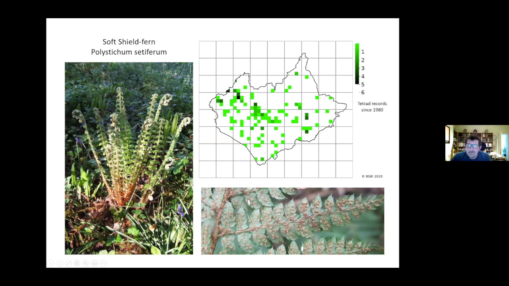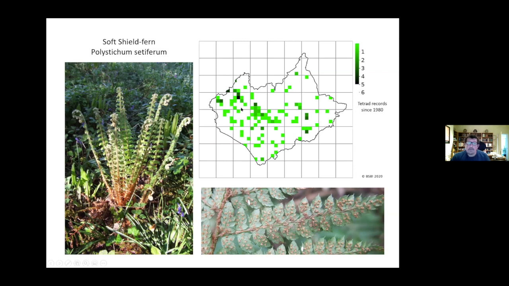It looks a bit like the golden nail fern because it has this very thick, dense, hairy rachis. But these are a completely different shape to the golden nail fern. They don't have this sort of droopy appearance. And the individual pinnules have this little thumb stick out, and the peltate sporangia.